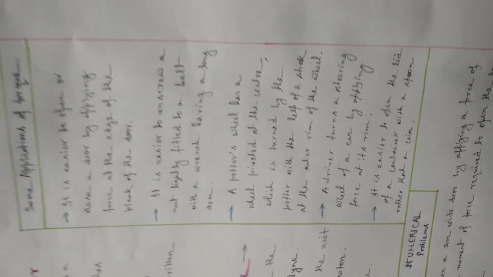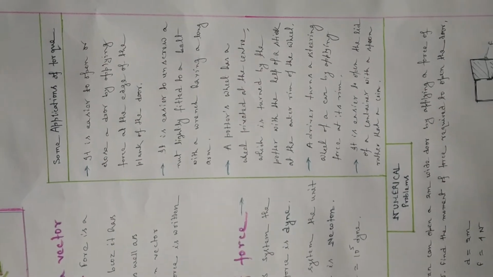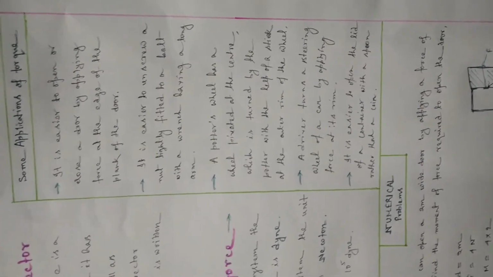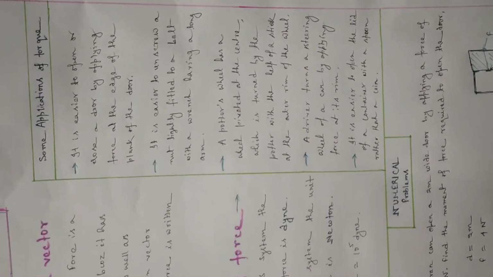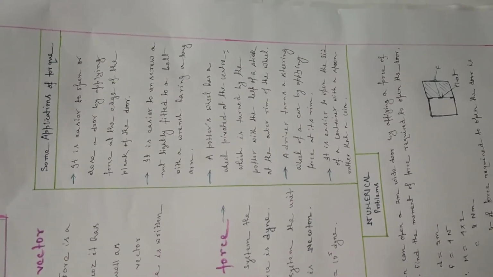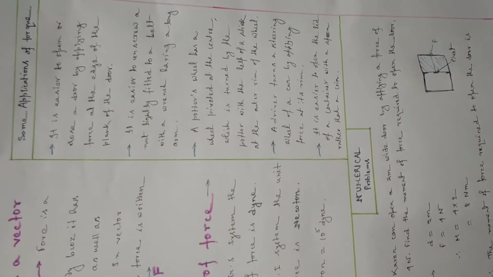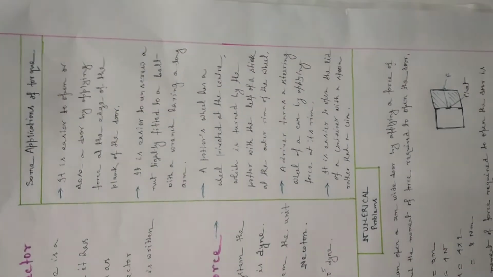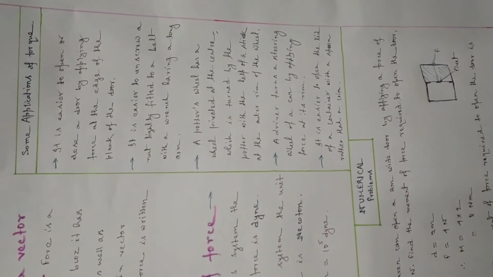That means when we apply moment of force, if we have to generate more moment of force or more torque, then either we have to give more force or we have to increase the distance of the point where we apply the force from the pivot.